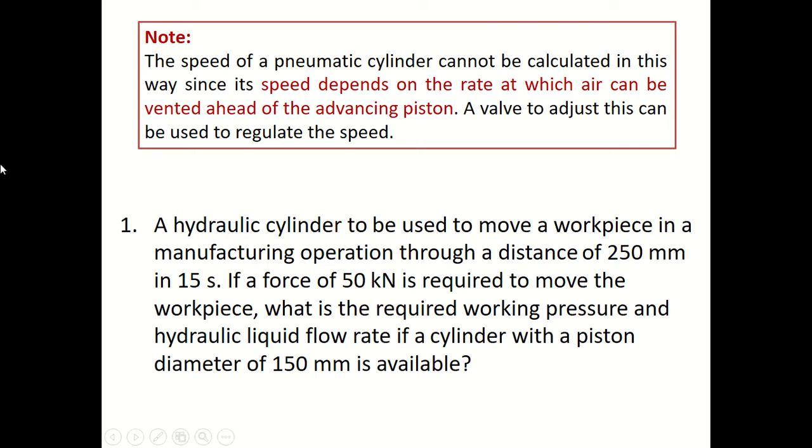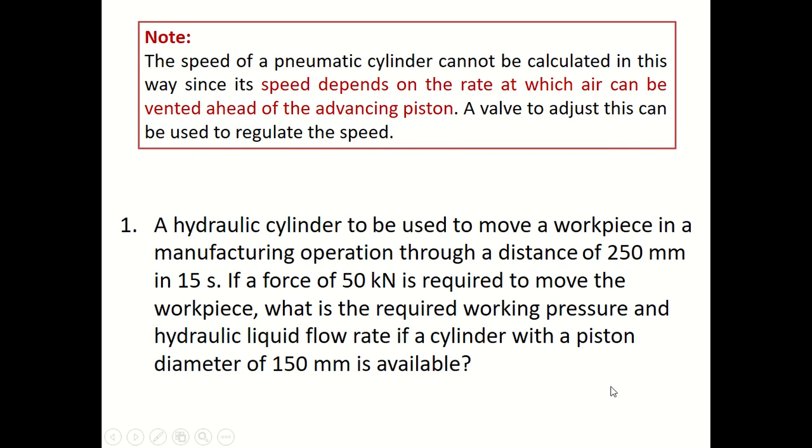So look at this problem. You have a hydraulic cylinder to be used to move a workpiece in a manufacturing operation through a distance of 250 mm in 15 seconds. If a force of 50 kilonewton is required to move the workpiece, what is the required working pressure and hydraulic liquid flow rate, if a cylinder with a piston diameter of 150 mm is available?